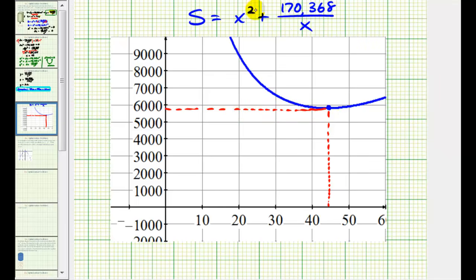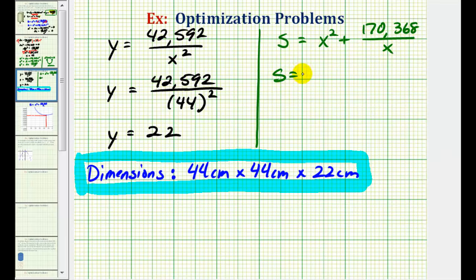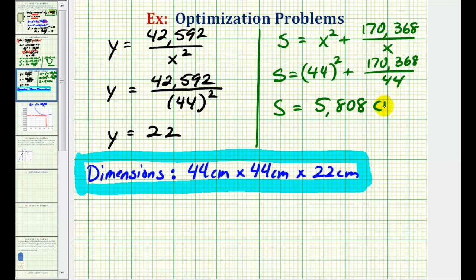So let's substitute 44 for x to verify that this surface area is less than 6,000 square centimeters. We weren't actually asked to find this, but the surface area of that box would be equal to x squared plus 170,368 divided by x. So if x is equal to 44, this value comes out to 5,808 square centimeters, which again is verified by our graph.